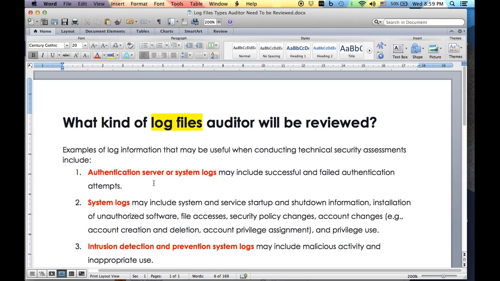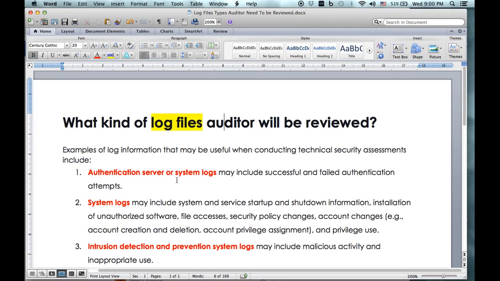So the auditor will identify, one, the authentication server or system log. The auditor reviews this log purposely to obtain what are the successful or failed authentication attempts by unauthorized access. For example, the proxy server or domain controller or other systems related to authentication that have interdependency with the main system.